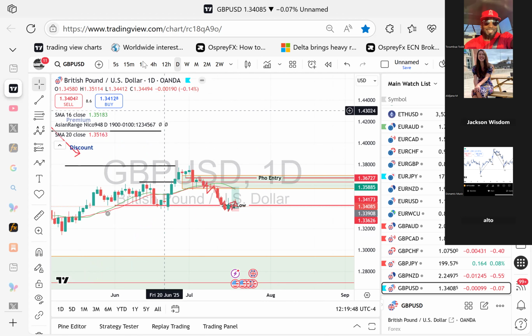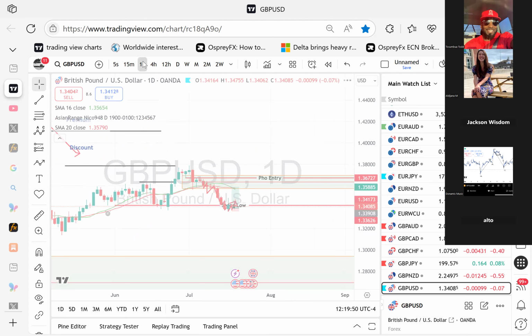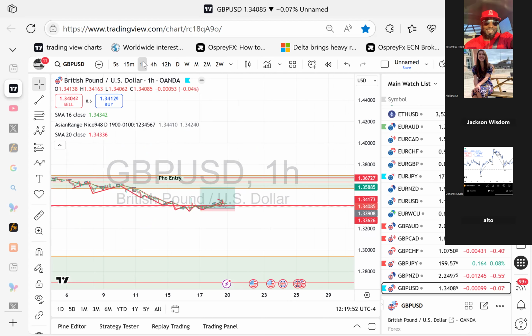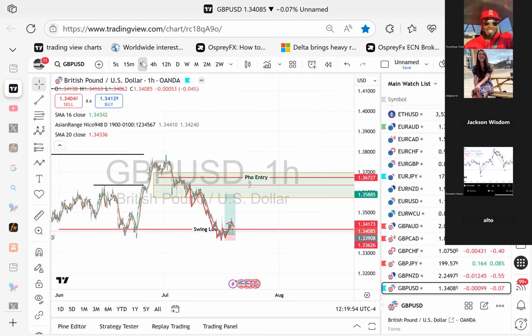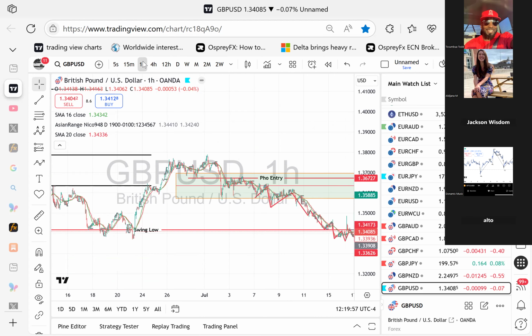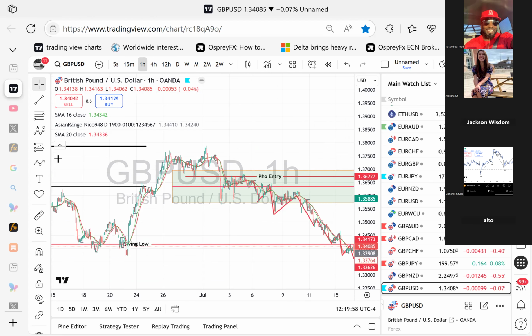And we talked about how Fo got her entry because on the 1 hour time frame, price broke structure. Let's look at it. So if you were labeling your structure on this 1 hour time frame, this is how I would have done mine personally.